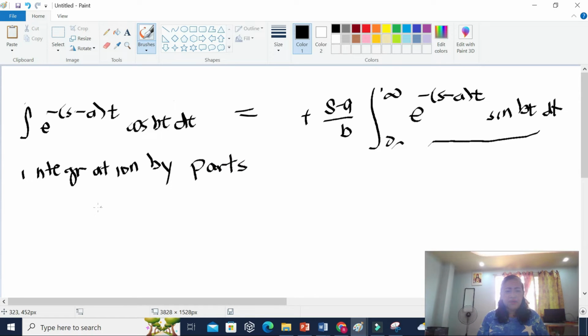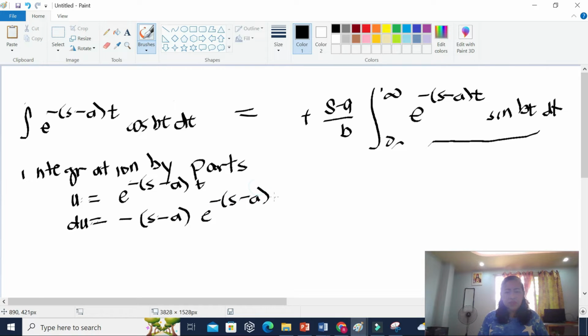So, ito, if I choose my u equal to e to the negative s minus a t, then I have my du equivalent to negative s minus a e to the negative s minus a t dt.